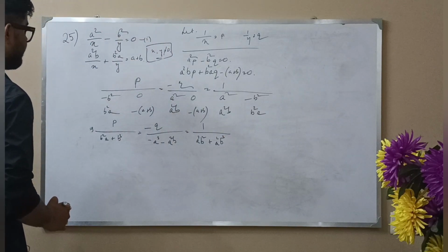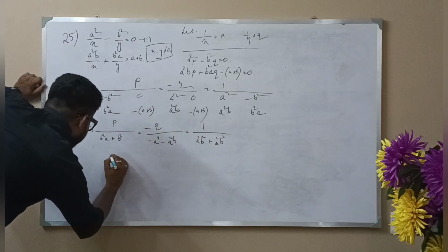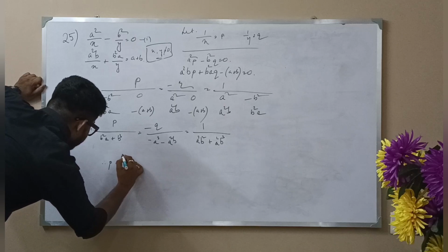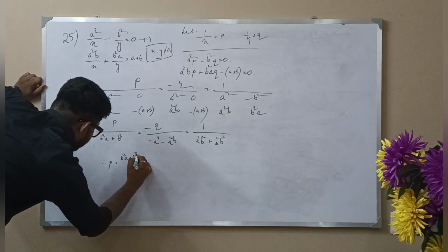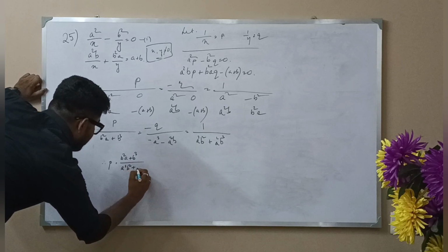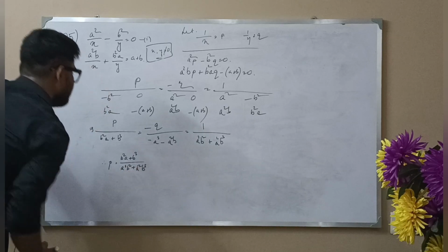So from here we can write, therefore p equals to b square a plus b cube by a cube b square plus a square b cube.